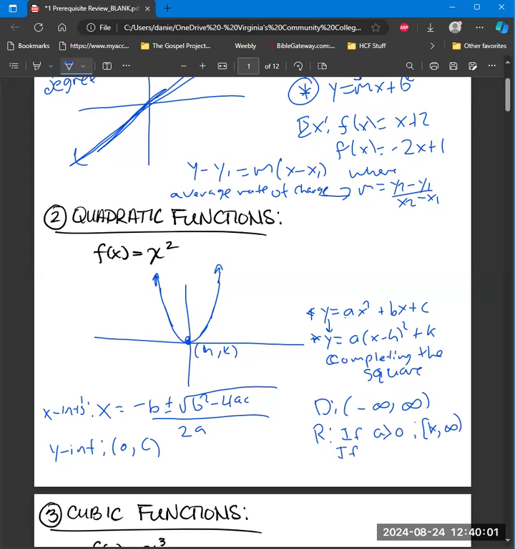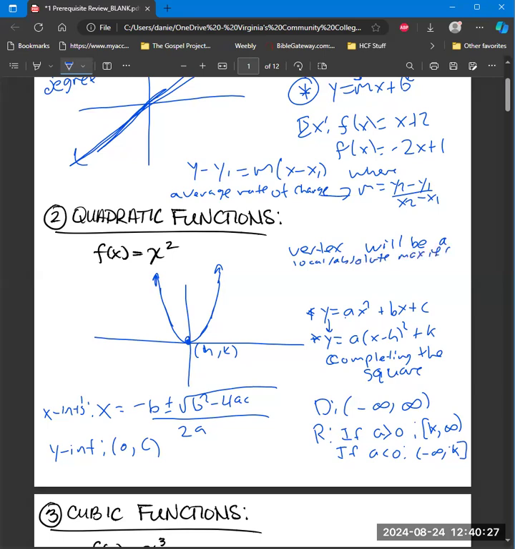If a is less than 0, we're going to go from negative infinity to k, and the vertex will be a local and absolute max. More on that later.